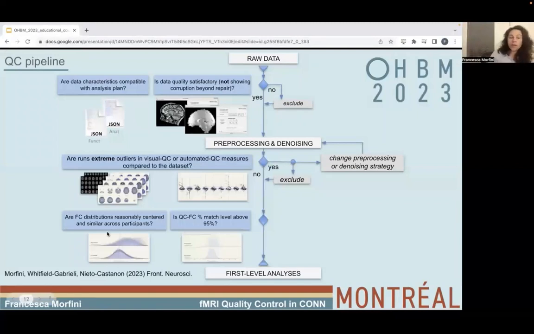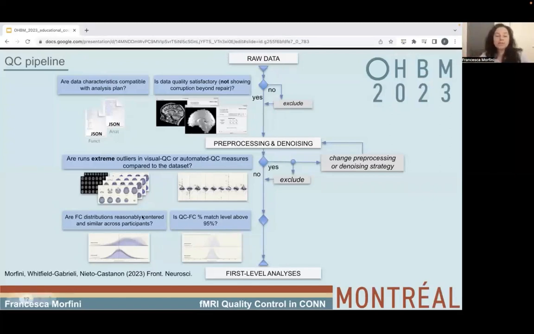A way to assess the quality of the functional time series, both from an improvement standpoint and in terms of how much residual bias is still present in the data, is to look at whether the functional connectivity values extracted from the functional time series are systematically biased by nuisance factors, for example motion or the number of scans that have been regressed out.